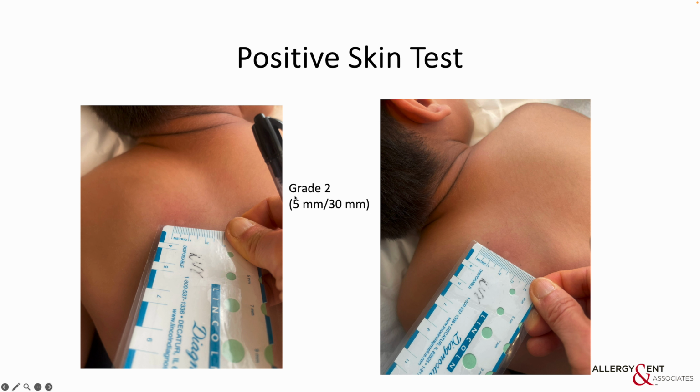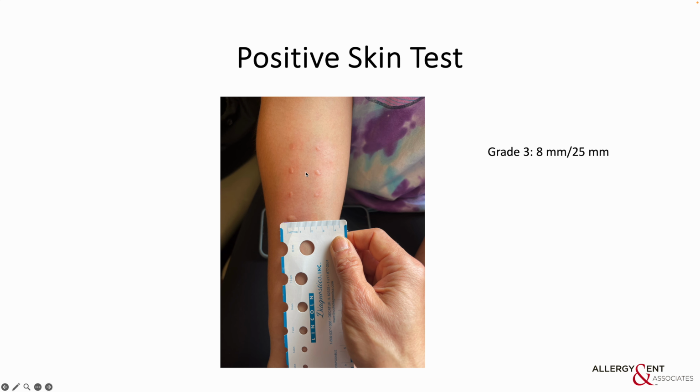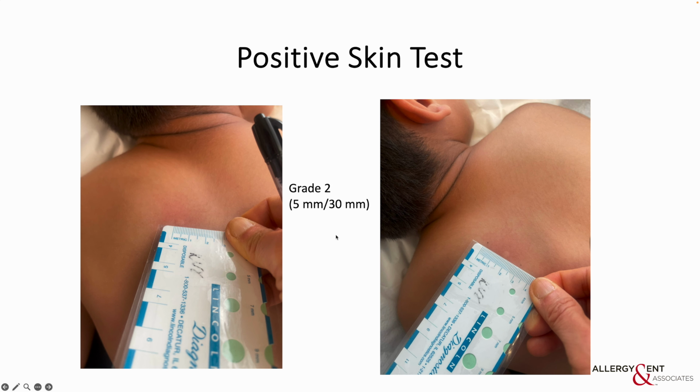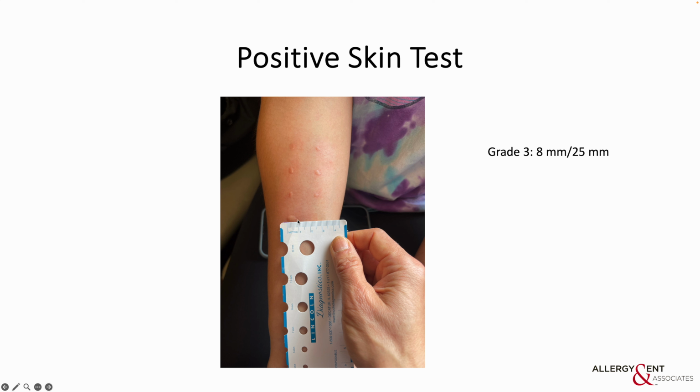So you don't call it a grade 3, because the wheal is the first factor you depend on. Here you have grade 3 because you have a slight pseudopod. This is the little pseudopod I'm talking about, the little leg.